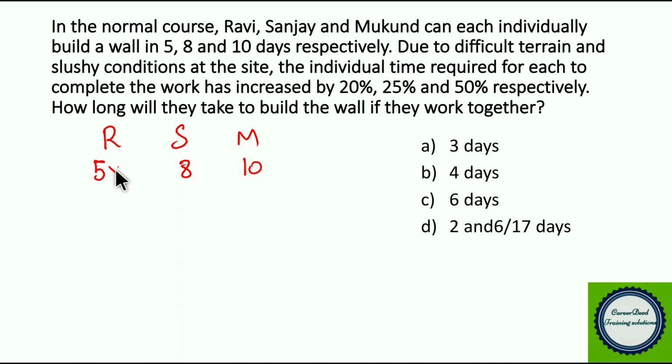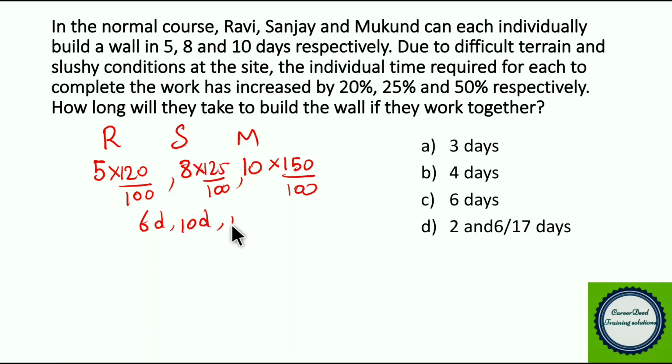So here it is into 120 by 100, and Sanjay takes 25% extra time, that is 125 upon 100, and Mukund takes 50% extra, that is 150 by 100. So while solving, the new time will be 6 days, 10 days and 15 days respectively. So Ravi can complete the job in 6 days, whereas Sanjay can complete the job in 10 days, and Mukund can complete the job in 15 days.